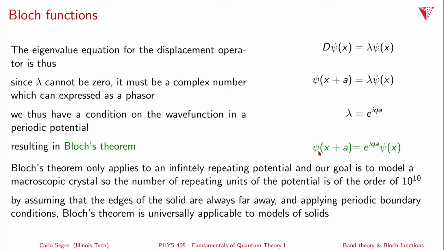And if you apply periodic boundary conditions, then you can apply Bloch's theorem universally to models of solids. Because if you apply periodic boundary conditions, when we reach one end, it'll wrap around and go to the other end. And so periodic boundary conditions allow you to use the Bloch function to understand how electrons work in solids.